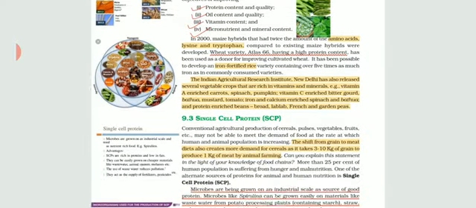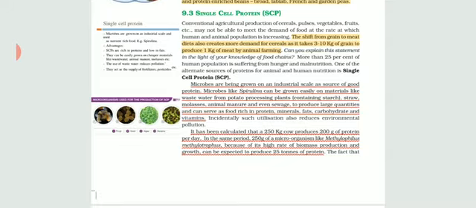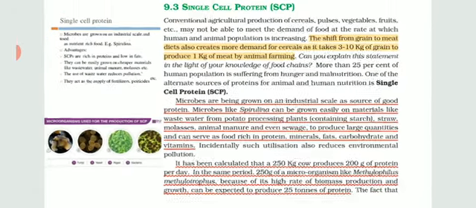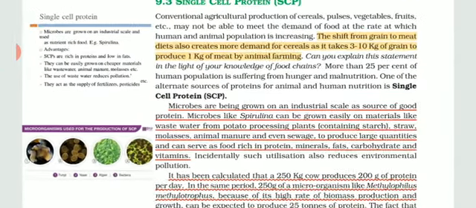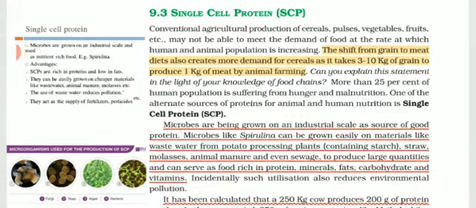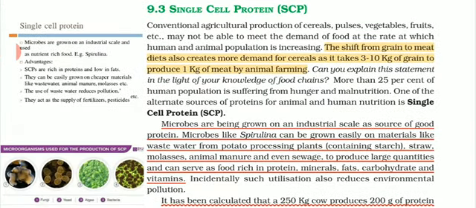Now the next topic which we come to is single cell protein. As the topic clear, single cell means when the single cell is taken and that protein can be taken up as a diet, it is much nutritious as compared to any other food.